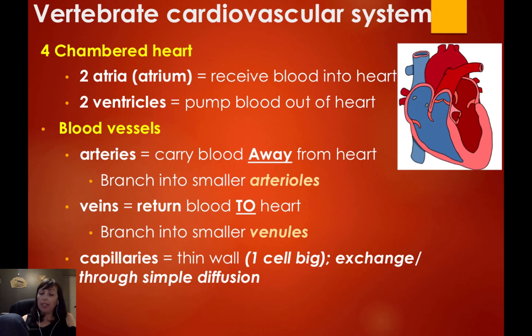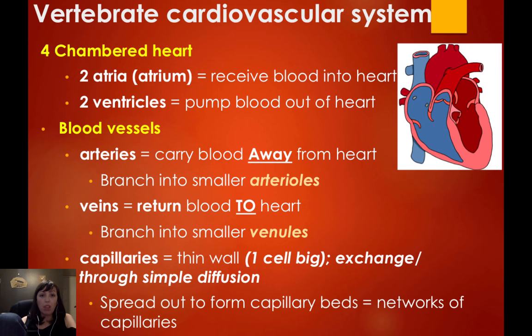And then there are capillaries, and these are extremely thin-walled vessels. Their walls are approximately 1 cell thick, and this is where exchange happens of materials through simple diffusion. And we're going to go into more detail about all of these. And they spread out to form capillary beds, which are networks of capillaries.